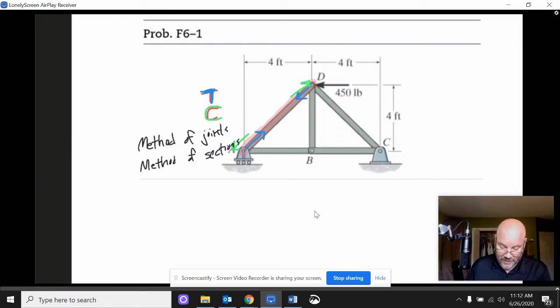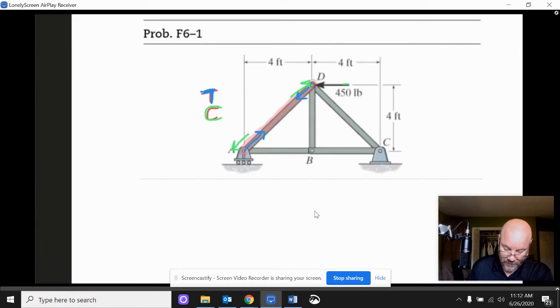Now, in this particular case here, there's an applied external force, which is this 450 right here. Hang on just a second. Let me get rid of some of this stuff. It's going to get messy in a hurry. I don't want to do that to you. Okay, there we go.